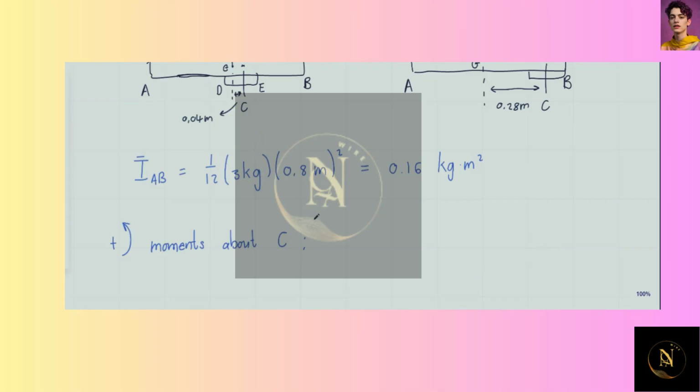We take the anti-clockwise moments about C, and we get I bar, the center of mass moment of inertia for the rod AB, times omega 1, plus m v bar 1, the linear momentum of the center of the rod in the first position, times 0.04 meters, plus I DE, the moment of inertia of the cylinder, multiplied by omega 1, since the entire system is rotating with the same angular velocity, is equal to the moments about C in the second position.